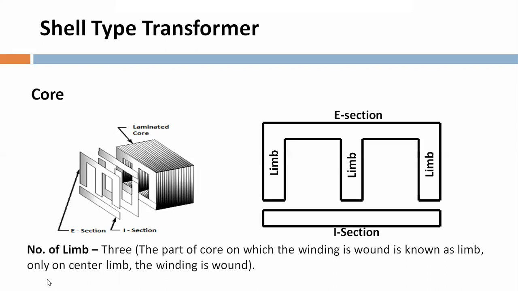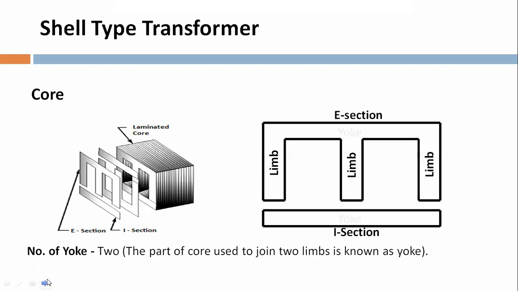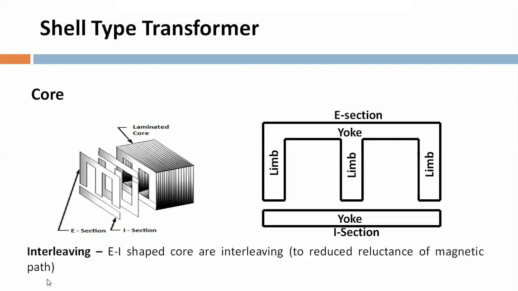Only on the center limb is the winding wound. On the center limb there will be the LV and HV windings. Number of yokes: here 2. The part of the core used to join two limbs is known as a yoke. So here 2 yokes are there and 3 limbs are there, as we see in the figure.